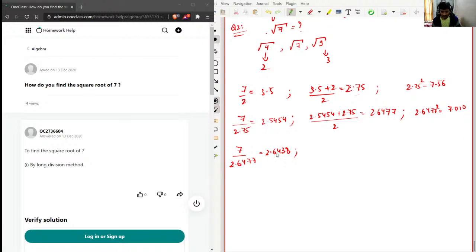Again I'll take the average of these two numbers, so it will be 2.6438 plus 2.6477 over 2.